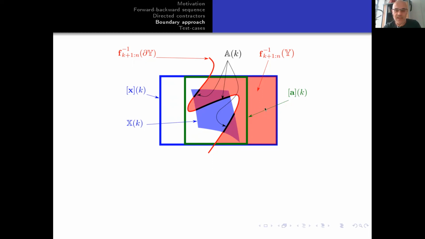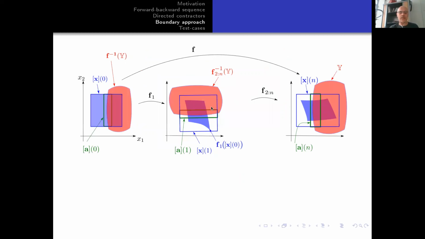Now it will be important to remember and to propagate backward the colors of each face of the green box. Okay, so let me show you the sequence. I start with a blue box, I compute F1 and so on, and at the end, I obtain here a blue box in the Y space.